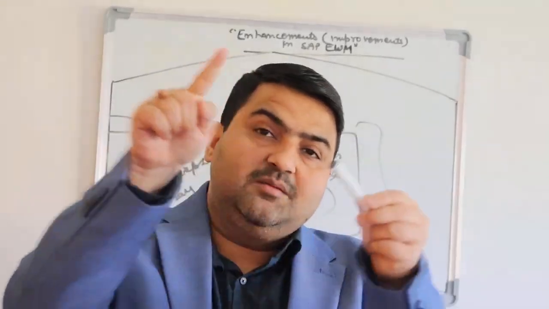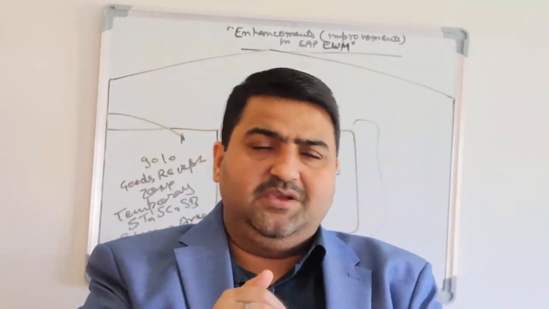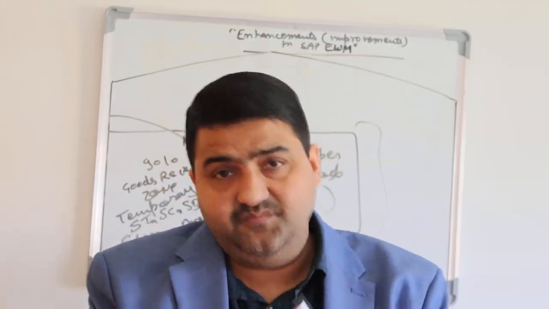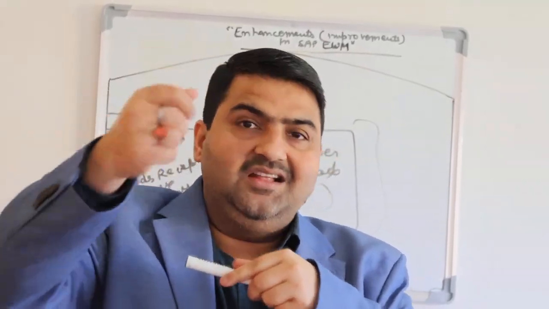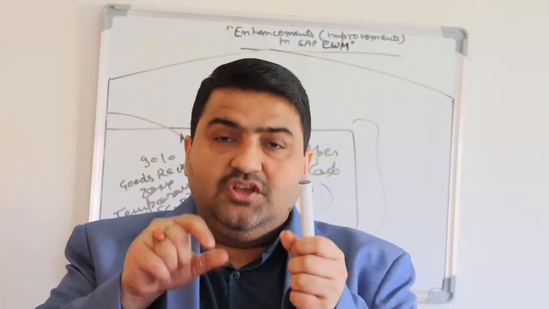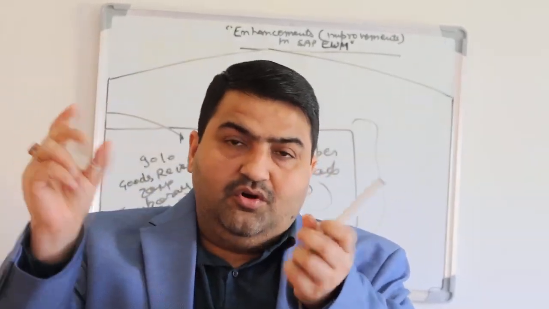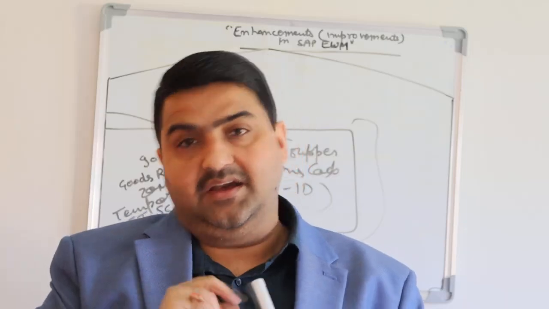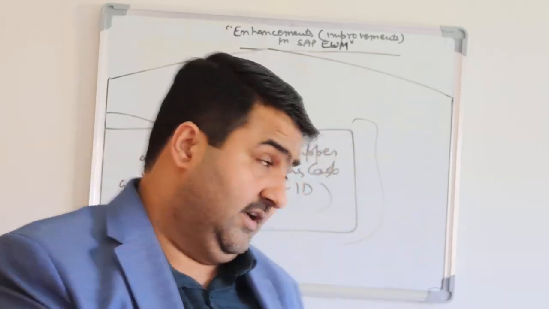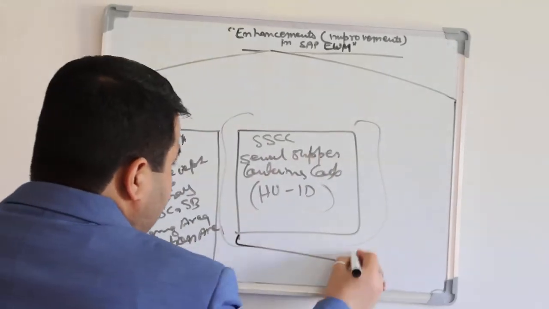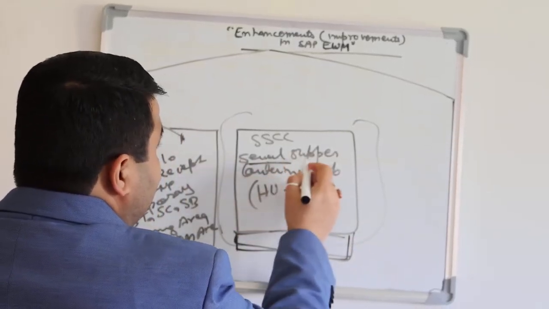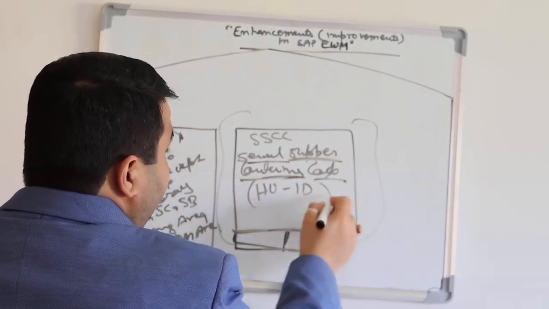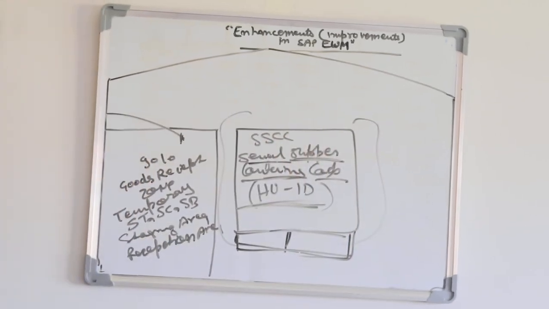I relate the example to the real world. If you have a mobile phone and open the box, this is also a small container, a different kind of container. So an HU is nothing but a container, and at runtime we consider it a container. That's why it is the serial shipping container code, which is nothing but a HUID.